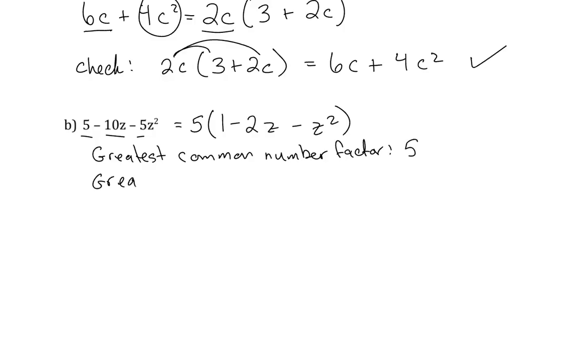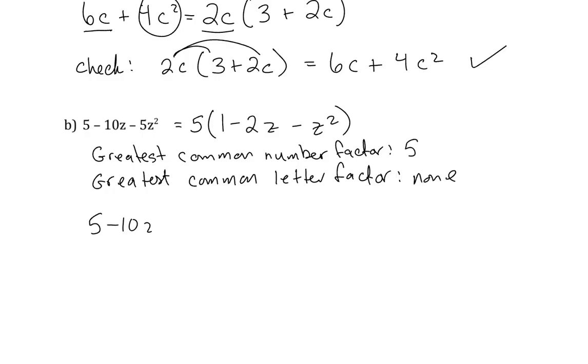The greatest common variable factor, or letter factor, is going to be none. There are none, because this guy right here has absolutely no variable. So we can't divide out a variable.